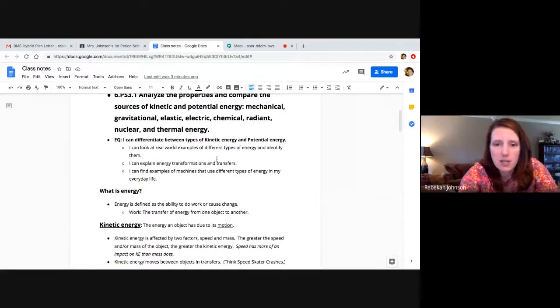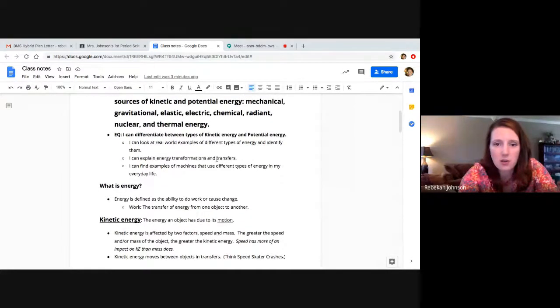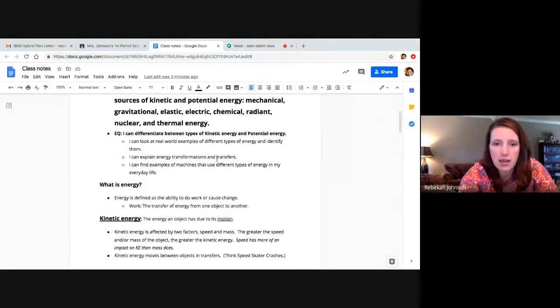A transformation, that's when we light something on fire, it transforms from potential to kinetic energy. Fire is radiant energy and also produces thermal energy. Another energy transformation, when we split an atom, it transforms into a lot of different types of energy. Energy transfers, that's when we see kinetic energy bumping back and forth, just like those poor speed skaters.